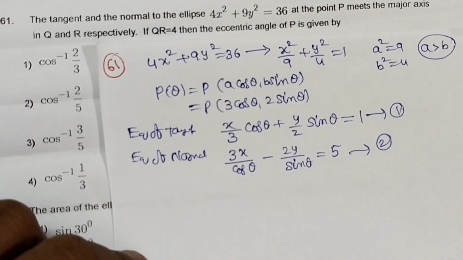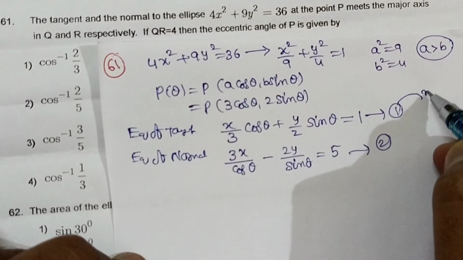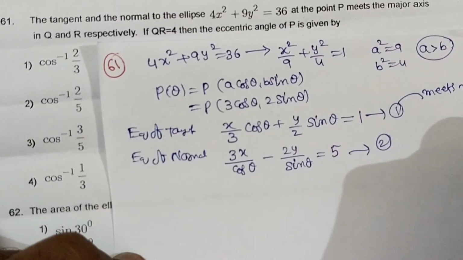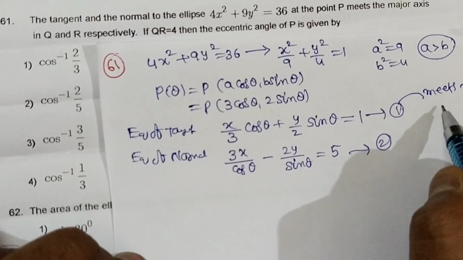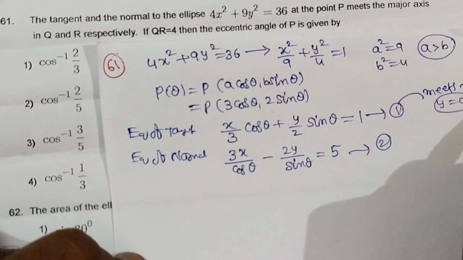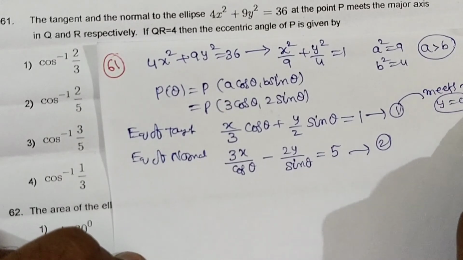The tangent meets the major axis at Q, so y is equal to 0. So the Q coordinates are Q of x comma 0, x is equal to 3 by cos theta comma 0.